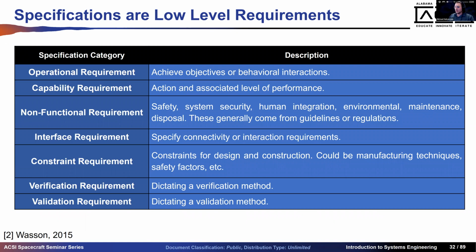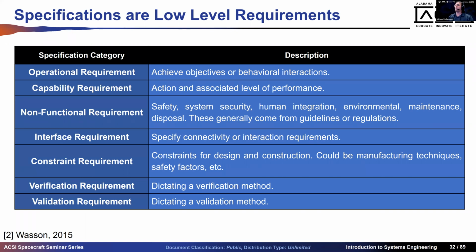So remember, the specifications are where you get into the weeds, that's where they live. And here are a couple of categories or types of those. I won't step through all of these here, but some big ones that you are frequently going to see are capability requirements. That's the one where you're saying, I want this component to do this to this level of performance.